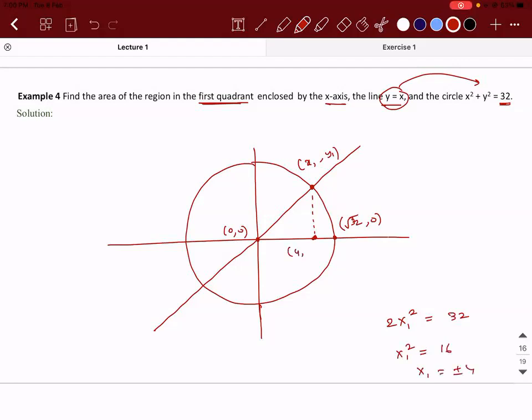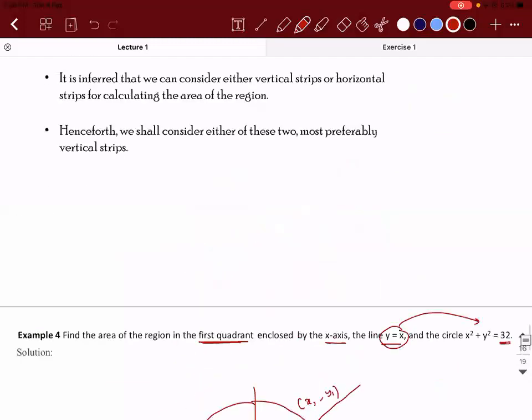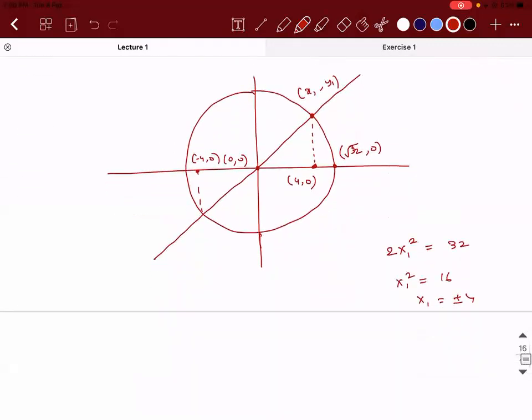So this point will be 4, 0, and this point will be minus 4, 0. Is there anyone having a doubt in this? Guys, is it clear? Can someone tell me why did I find out that point?